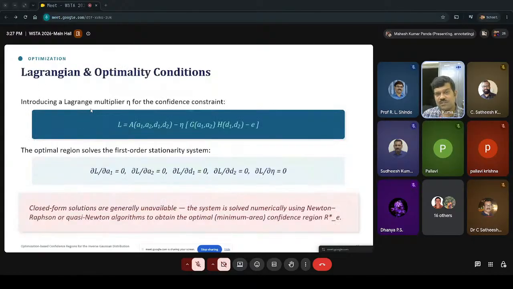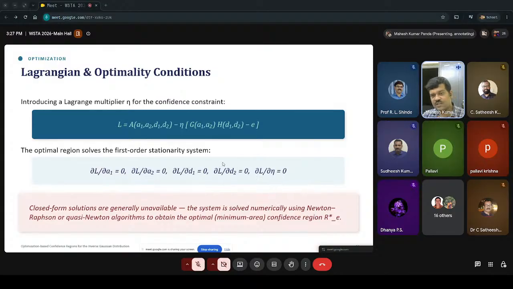In this case, what we are going to do is use the Lagrangian multiplier and then try to solve the problem. So with the Lagrangian multiplier, the first order stationary conditions are that the partial derivative of L with respect to A1 is equal to 0, and the second, third, fourth, and fifth partial derivatives will also be equal to 0.